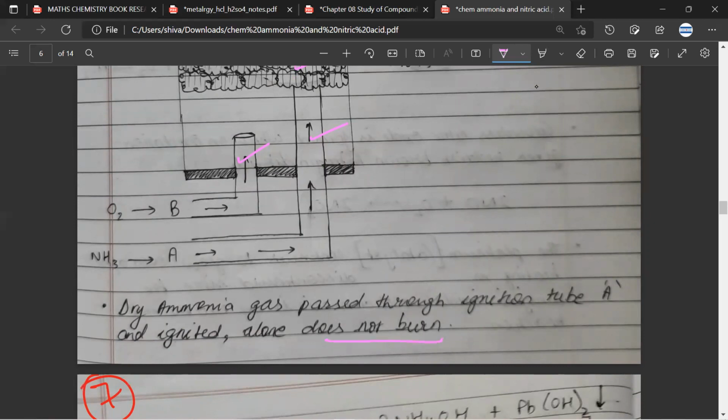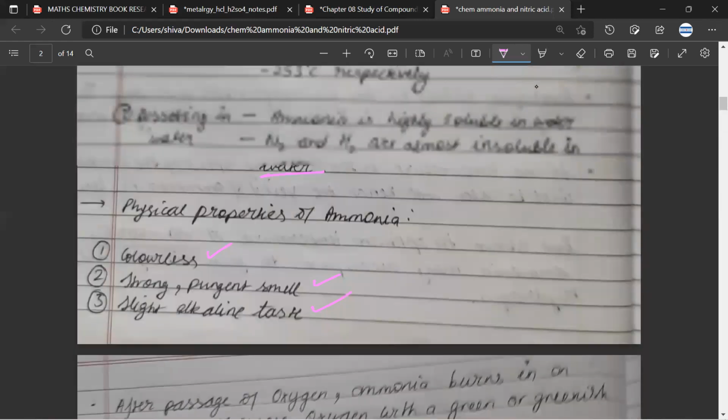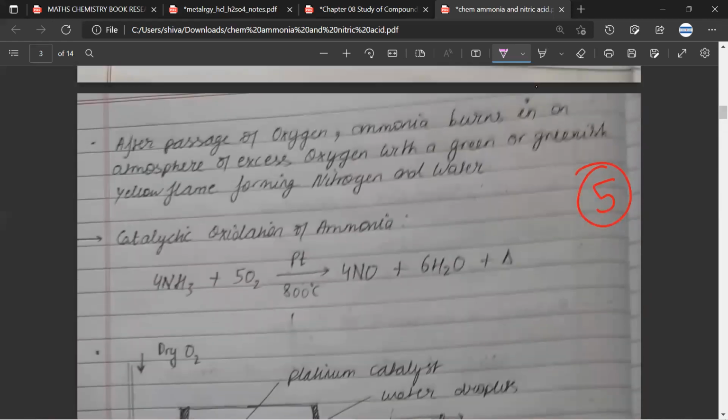So you need something with which dry ammonia gas can be burnt. Now let's study what that substance is. After passage of oxygen, ammonia burns in an atmosphere of excess oxygen, special emphasis on excess, with a green or greenish yellow flame forming nitrogen and water. So these are the two products formed when you burn ammonia in oxygen.